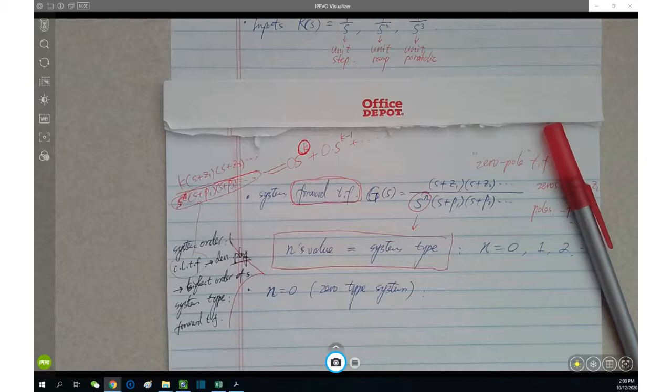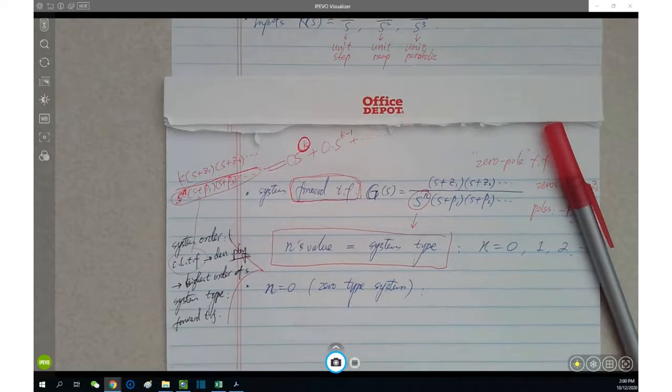Okay. So in summary, the system order means in the closed loop transfer function denominator polynomial, the highest order of S is the system order.